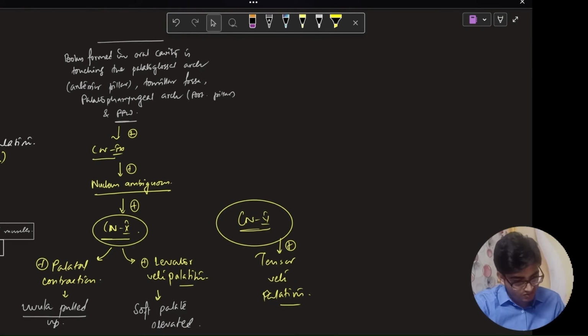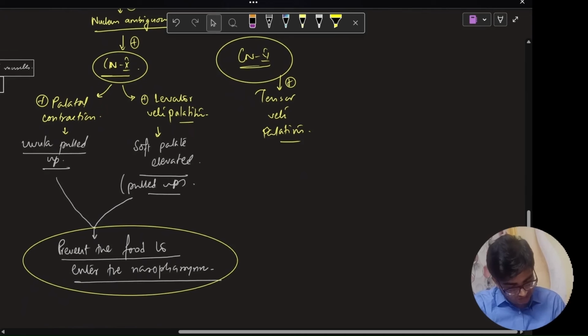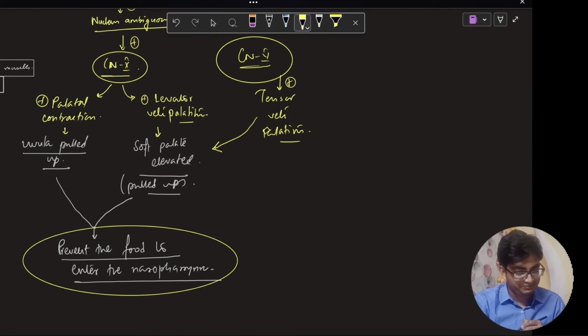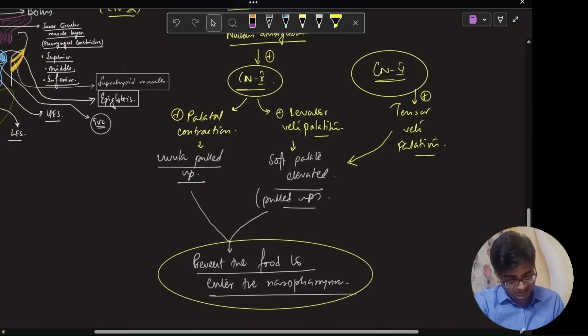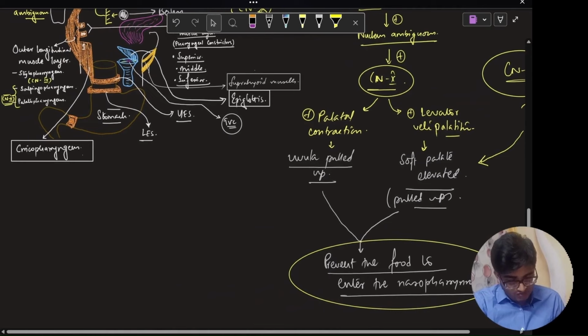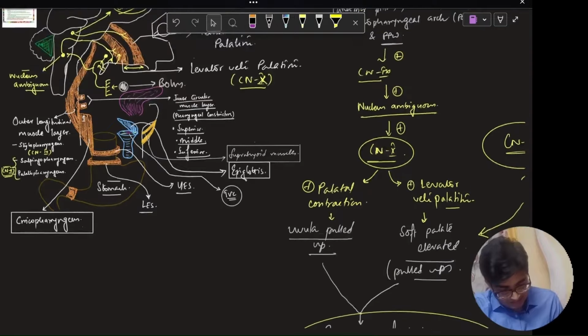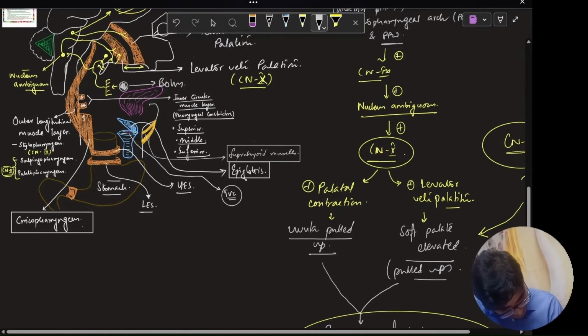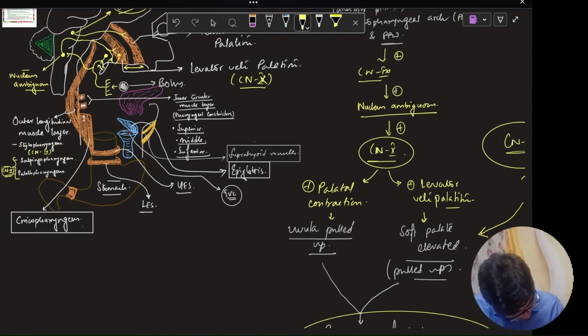Correct? So obviously this will add to the effect of the soft palate getting pulled up to prevent food entry into the nasopharynx. The first entry point is prevented. Now what happens? Obviously this bolus has only one pathway to go, and that is nothing but your esophagus.